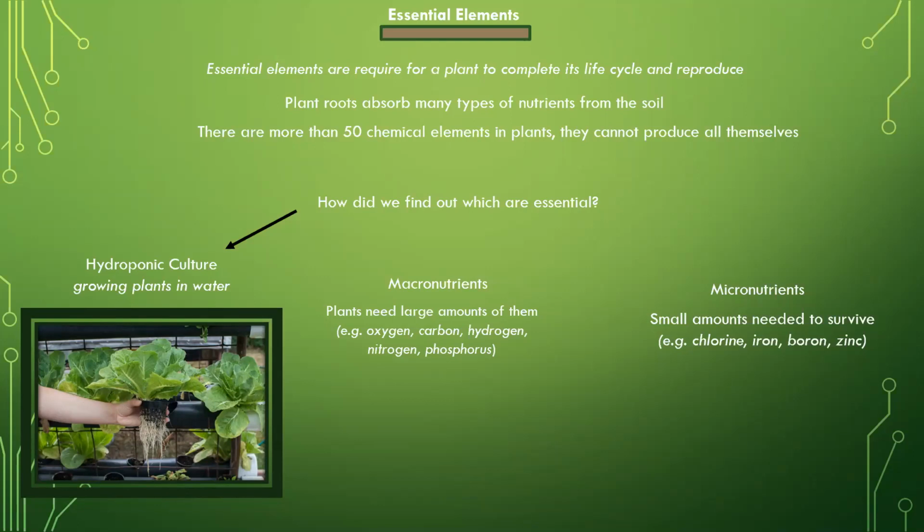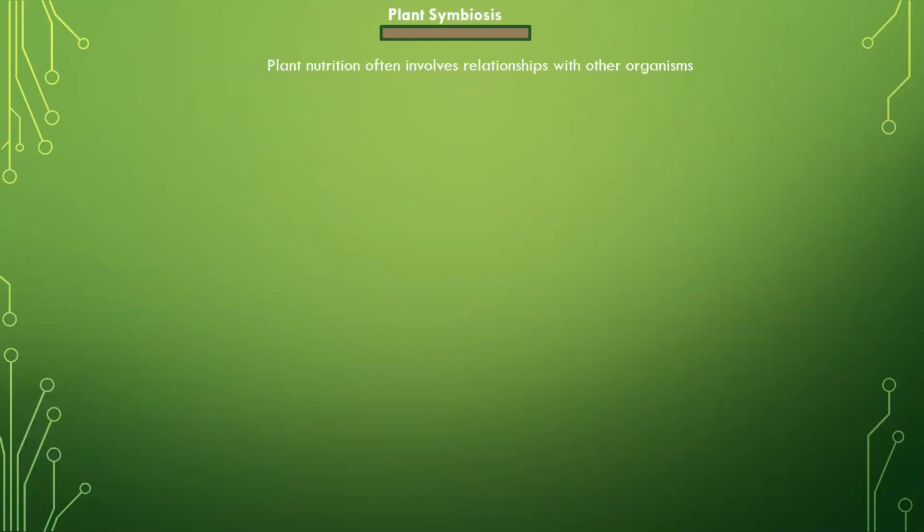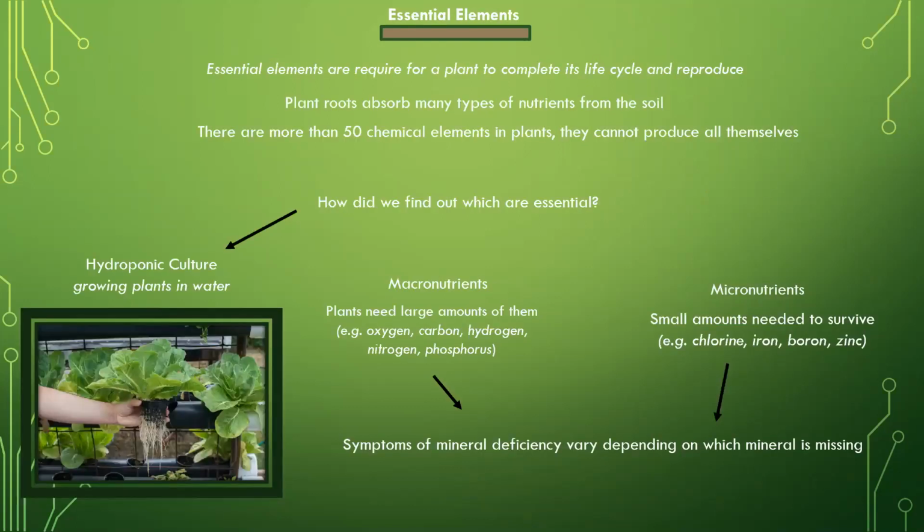There are going to be different adaptations depending on these different levels. And so symptoms of mineral deficiency vary in plants depending on what material is missing, but plants can be just like us. They can also be malnourished by not having the appropriate nutrients in their environment.